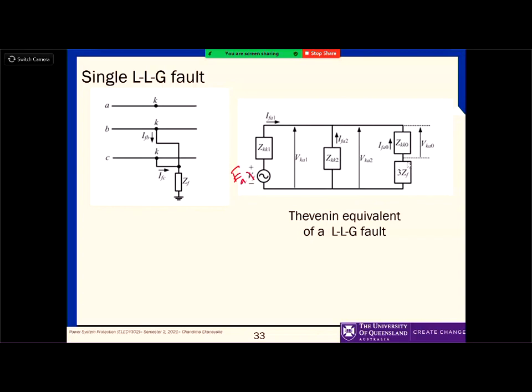If the fault impedance is not there, all three voltages, A1, A2 and A0, that is the positive sequence voltage, negative sequence voltage and zero sequence voltage, are equal if the fault is line to ground.